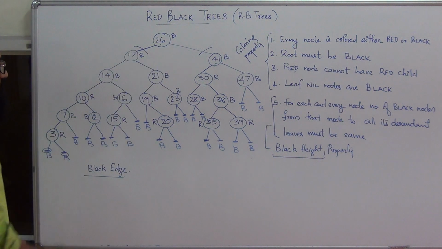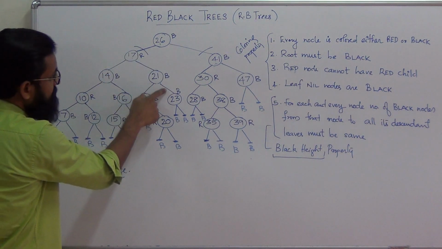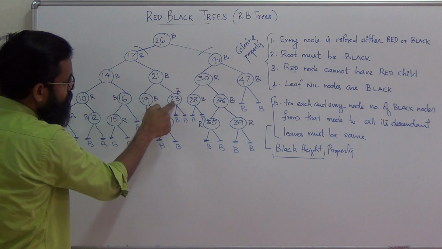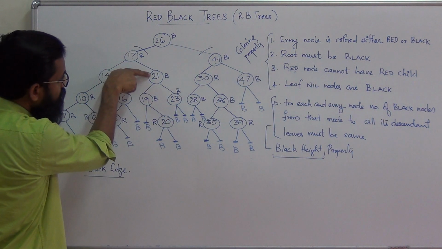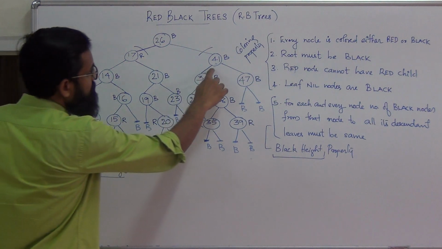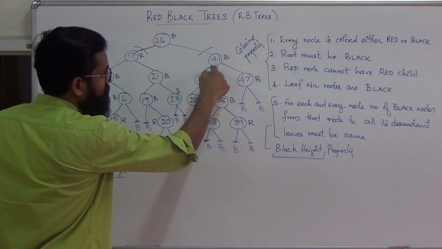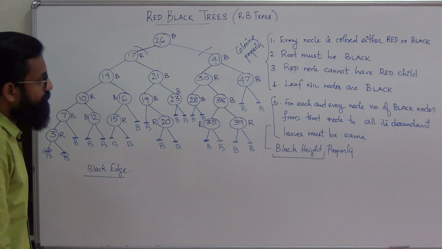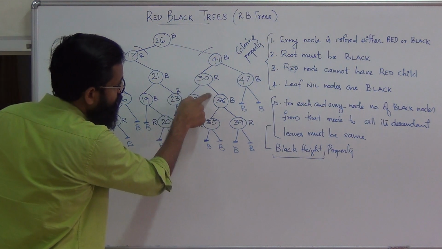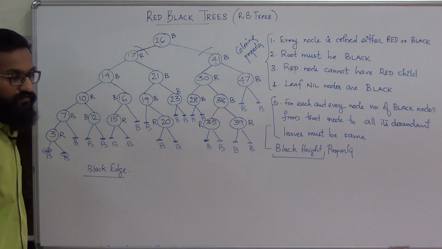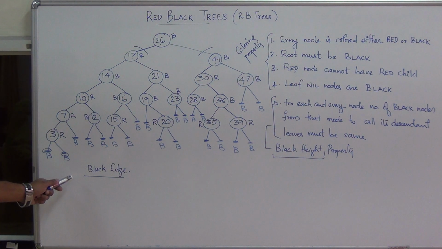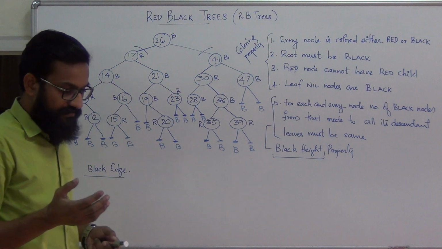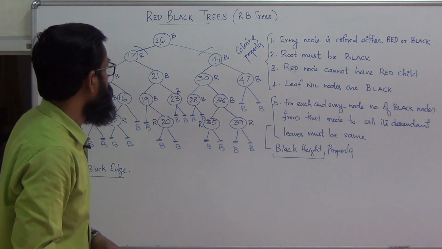In this example, this edge is a black edge because it moves to 23. Again, this edge is a black edge because it moves towards 21. This edge is not a black edge because it moves towards a red node. This is a black edge because it moves towards a black node. So a black edge is an edge that moves towards a black node.